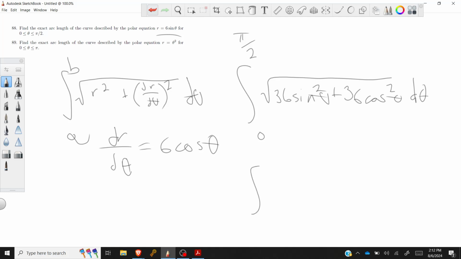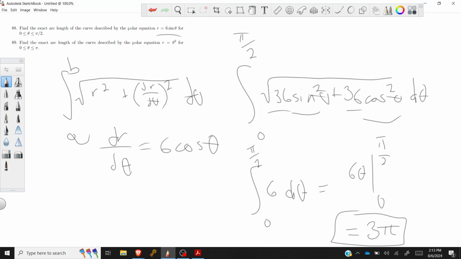If we take this 36 out, that'll simplify down to a 6. Then we have sine squared plus cosine squared, which is 1. Square root of 1 is 1. So that'll be this, equal to 6 theta, evaluated from pi over 2 to 0. This whole thing is equal to 3 pi. So those are really nice and easy.